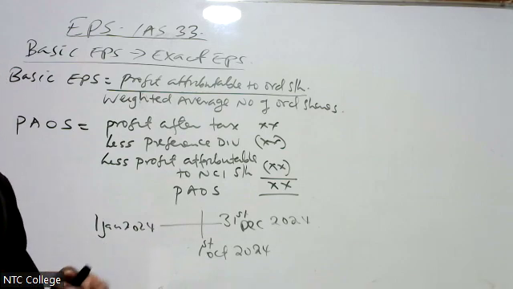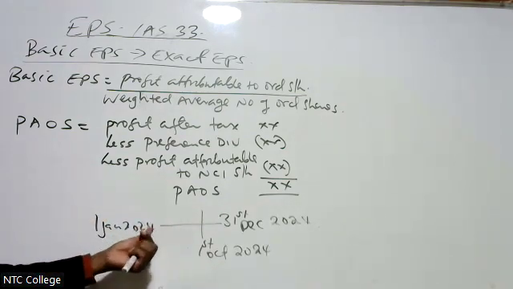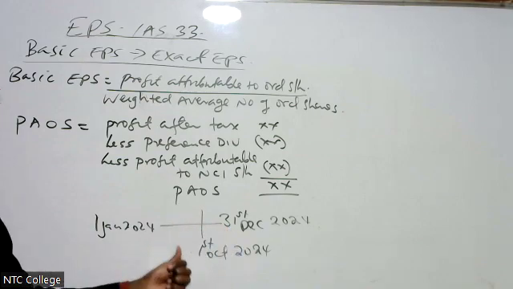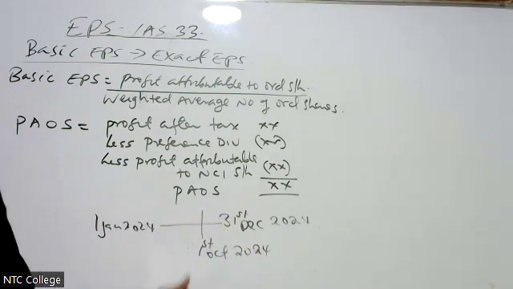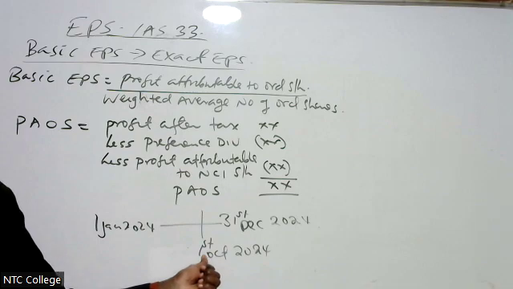Now, if during the year I want to pay dividend, will I pay you dividend from January up to December, or from October up to December? Of course, I will pay you from October because you came in October.